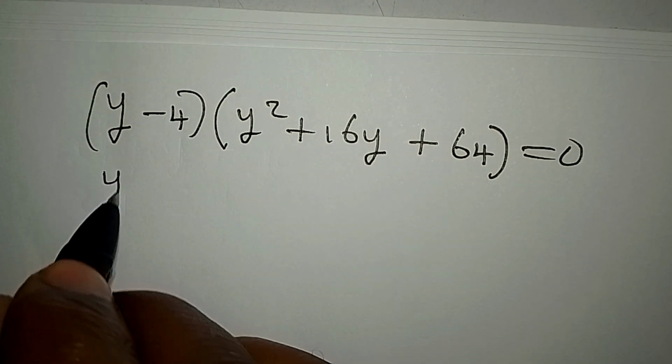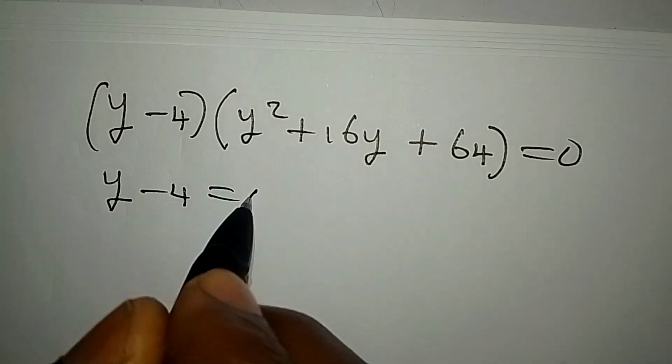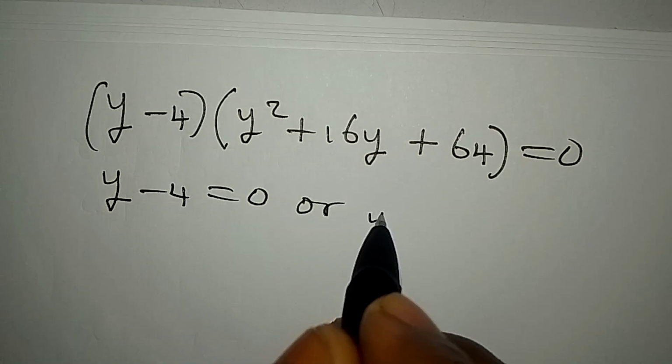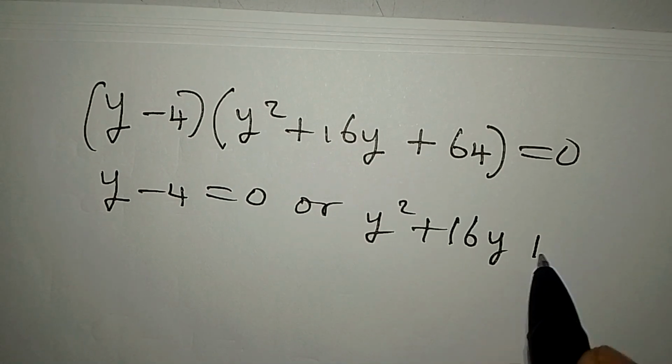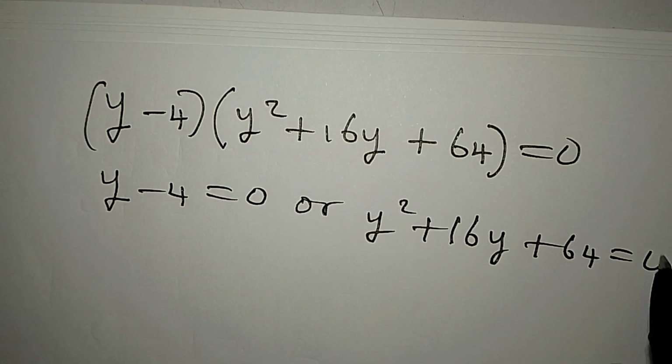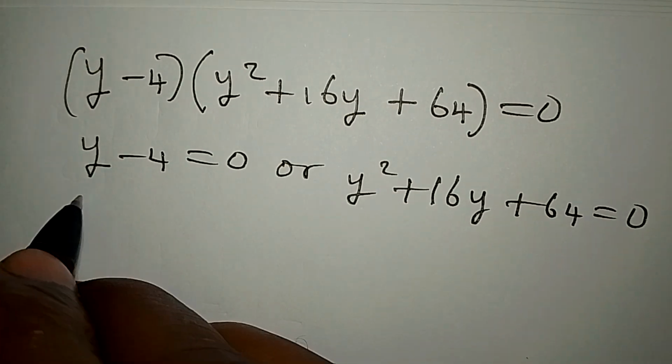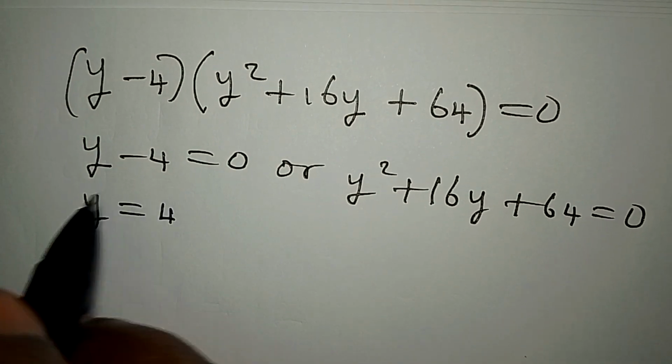Okay, so from here, it's either y minus 4 is equal to 0 or y squared plus 16y plus 64 equals 0. y from here is equal to 4.